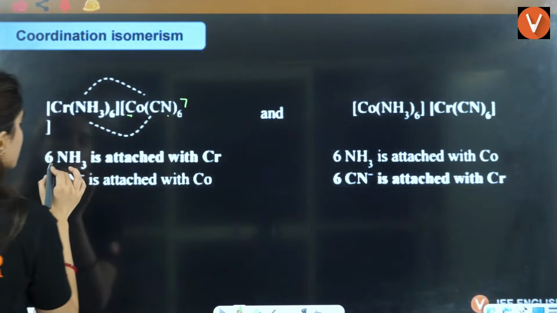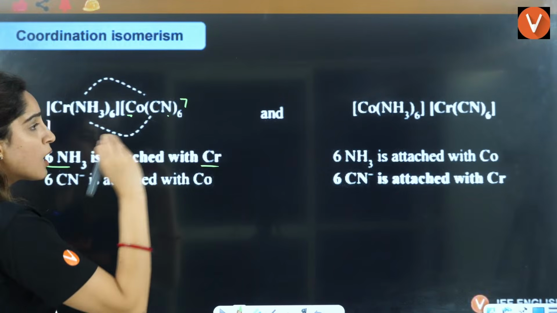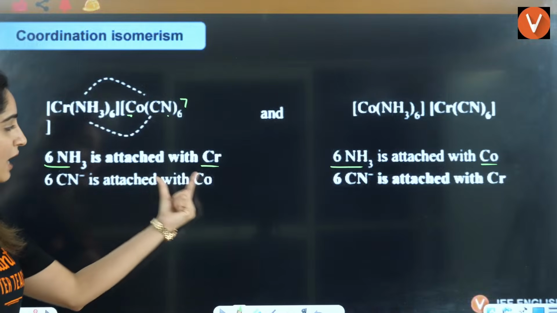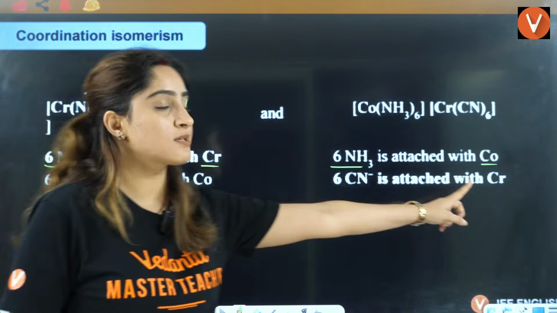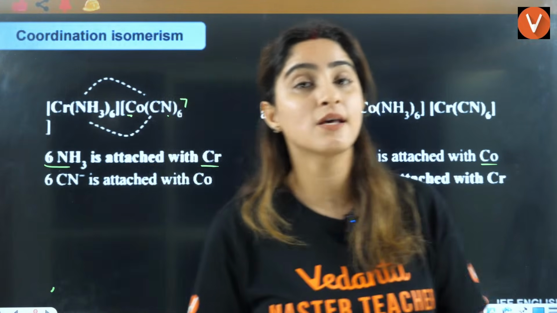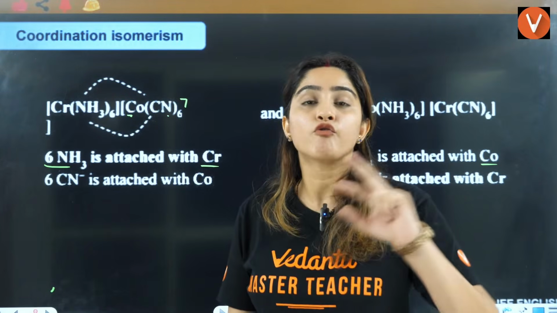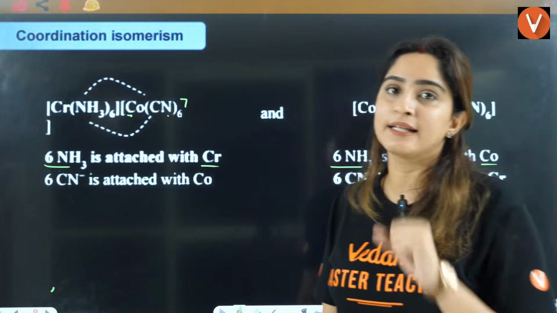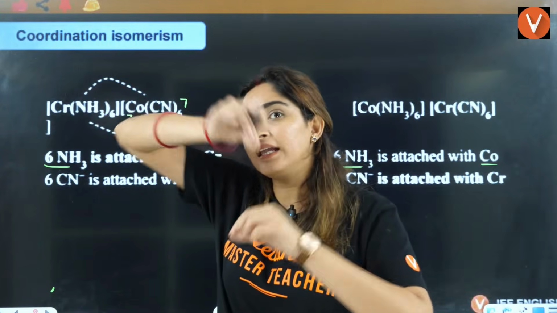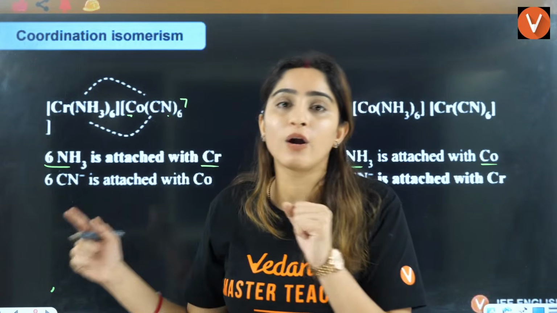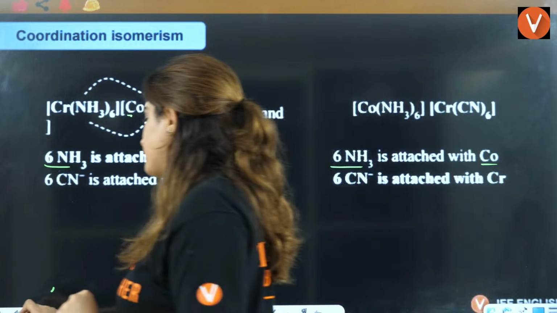That here 6 ammonia is attached with Cr, but here 6 ammonia is attached with Co. Here 6 CN is attached with Co and 6 CN is attached with Cr. That means we are exchanging the ligands here. When we exchange the ligands in 2 coordination brackets, that is called a coordination isomer, right?